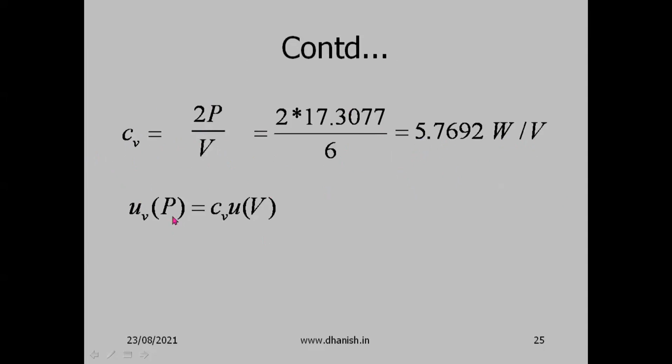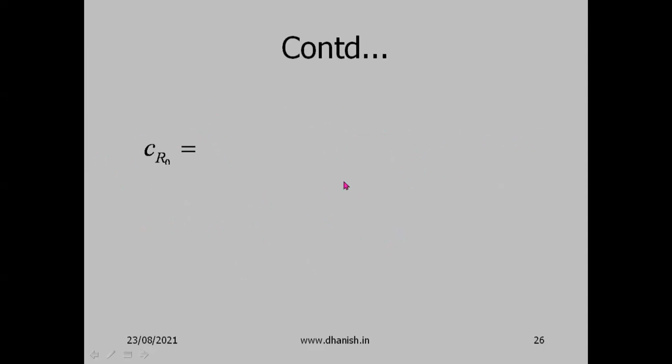So the uncertainty in power due to the input quantity voltage is CV into the standard uncertainty of voltage. Then the sensitivity to R naught will be, similarly, minus P by R naught.